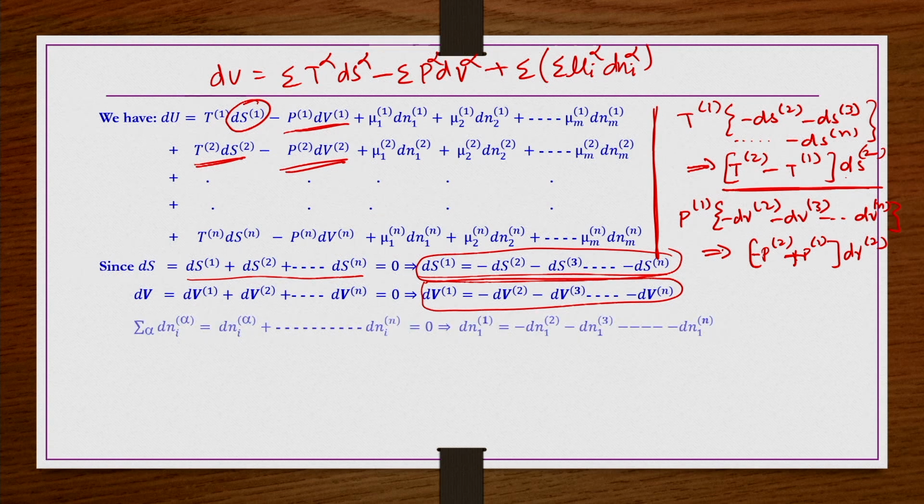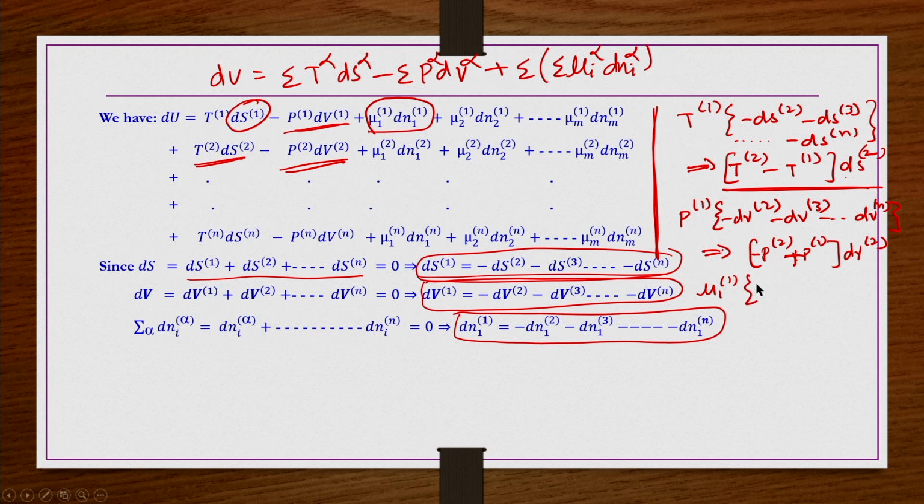Okay. Similarly, for the first component, since the number of moles of each component is also constant in the system, in place of dN1 in phase 1, I can write minus dN1 in phase 2 minus dN1 in phase 3 and so on.